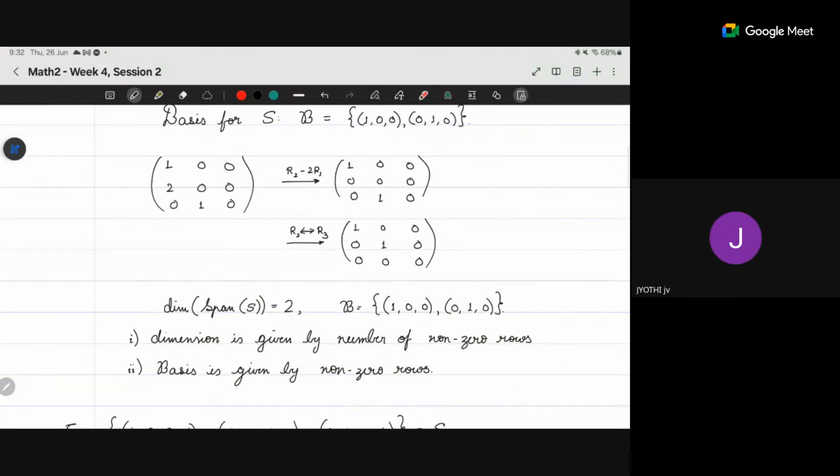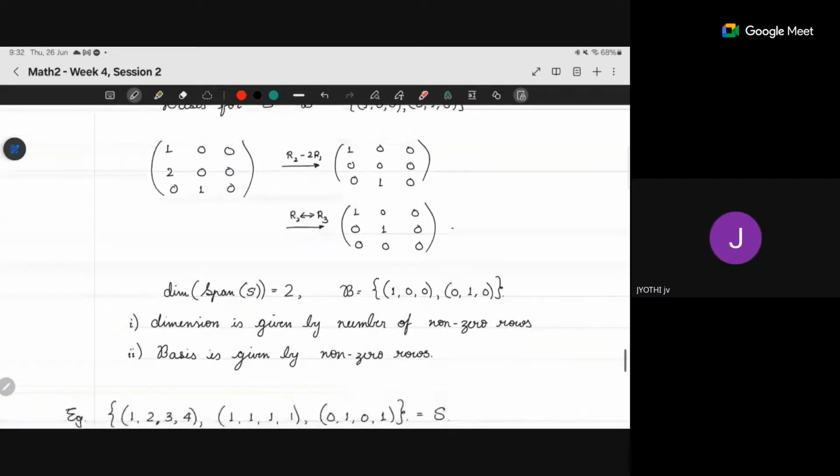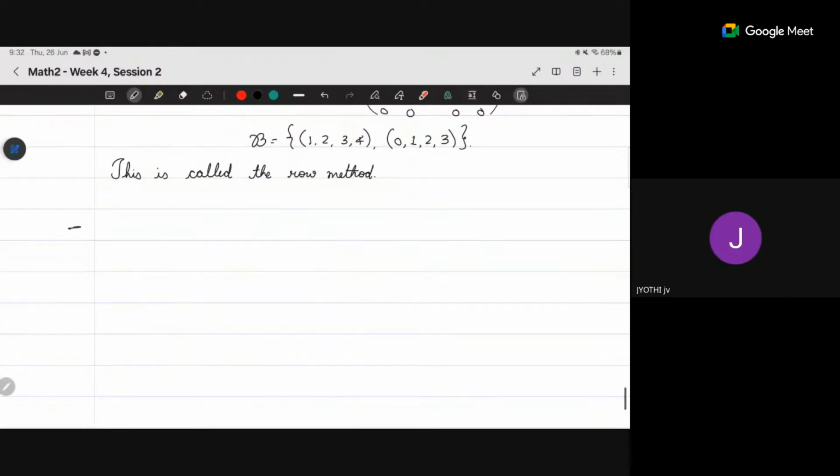It will be the non-zero rows itself. So here, note that we are not going back to the original vectors and choosing those vectors. Maybe this example will make it clear. The vectors that you get as the final things in your basis may not even be the vectors in the set that you start out with.